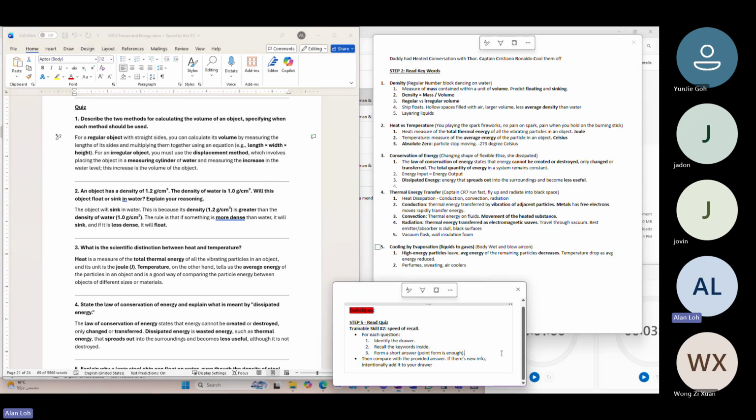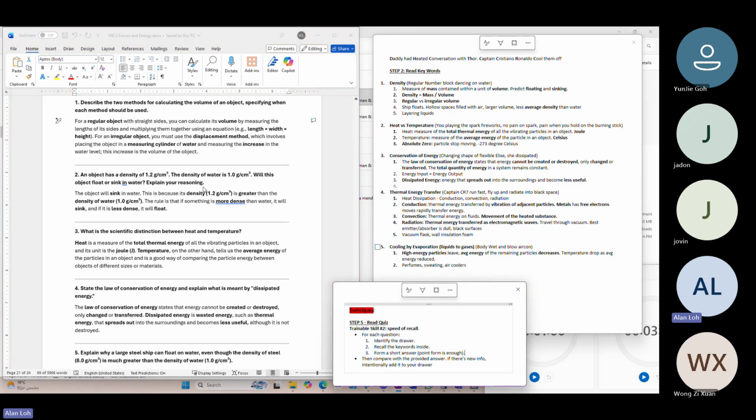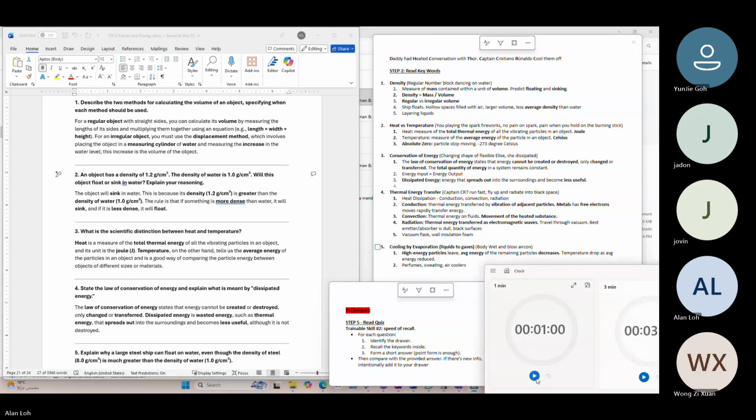So now let's go a bit faster and go into question 2. Let's do these techniques if you need reference. Okay, let's start. 1 minute for question 2.